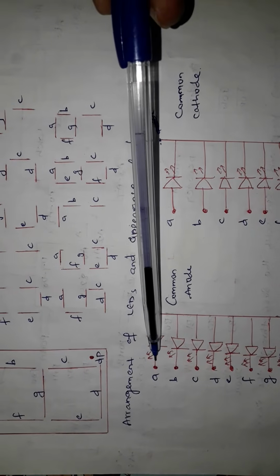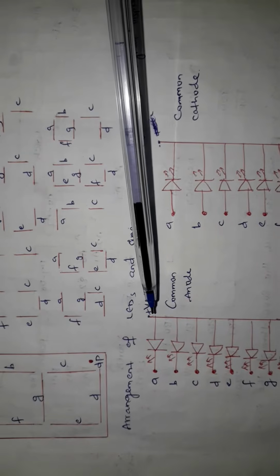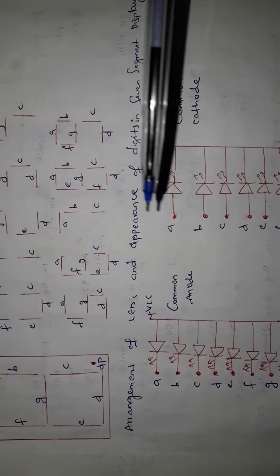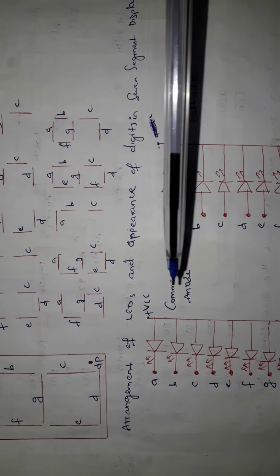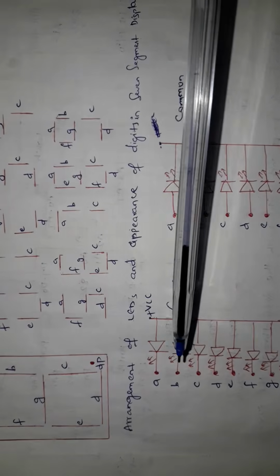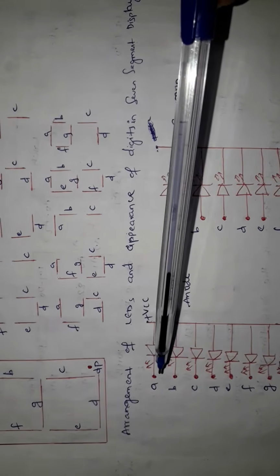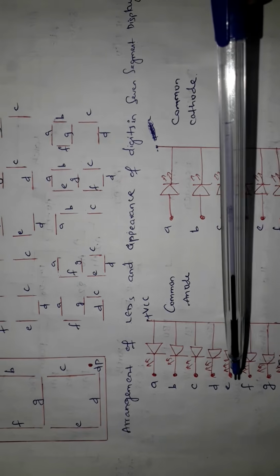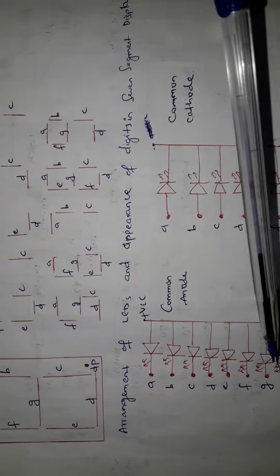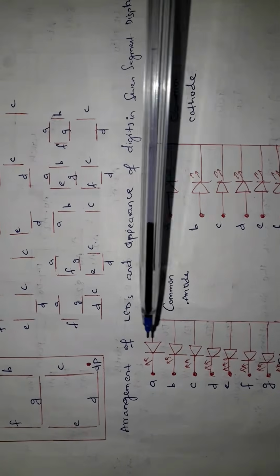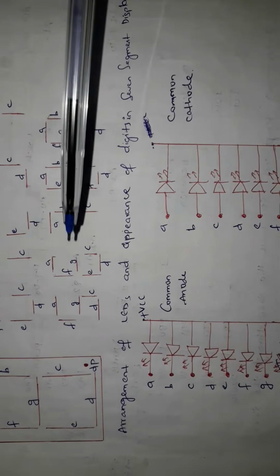Then it makes the LED glow. So that is common anode configuration. Based on the inputs you give to the cathode terminals of segments A to G, you will get the corresponding LEDs on and the rest of the LEDs off.